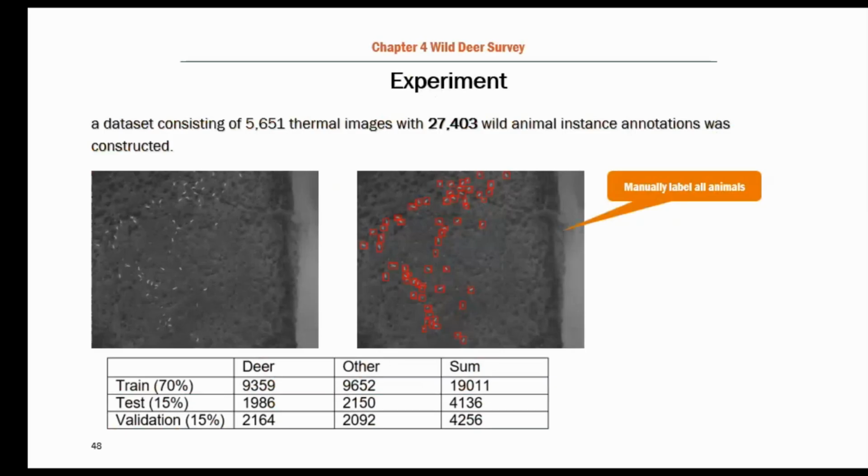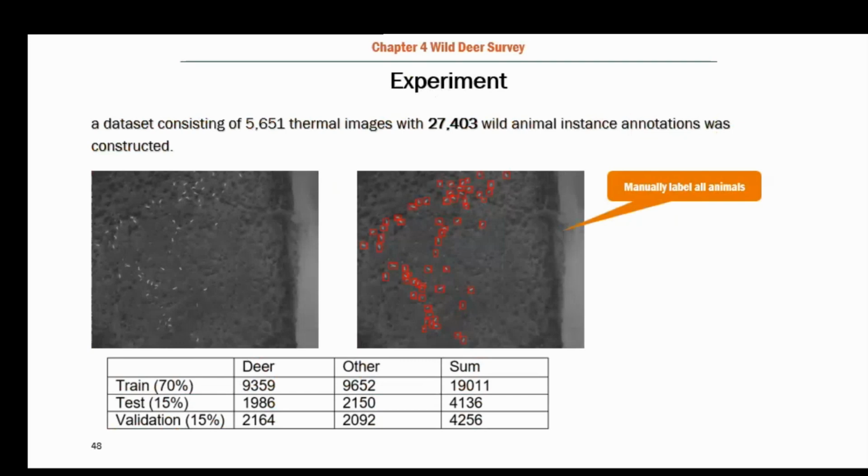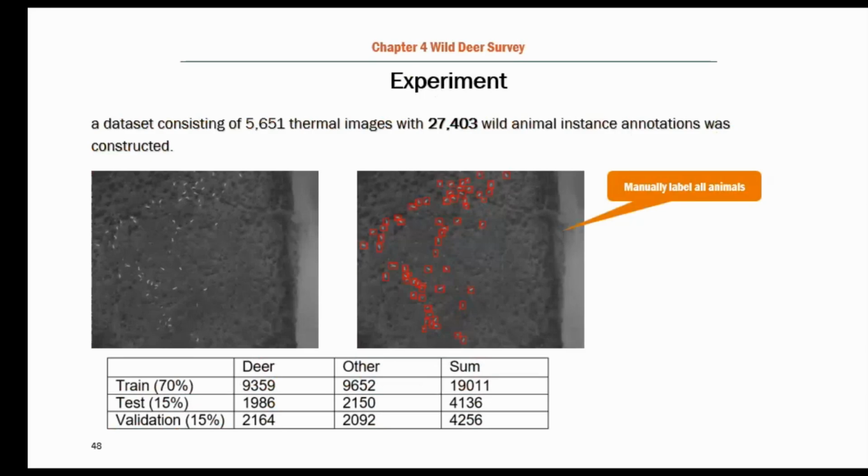In addition to the construction of the detection model, we also need to create a data set. About 5,000 thermal images were collected, and we hired students to manually label the positions of the animals with the red boxes as shown in this slide.